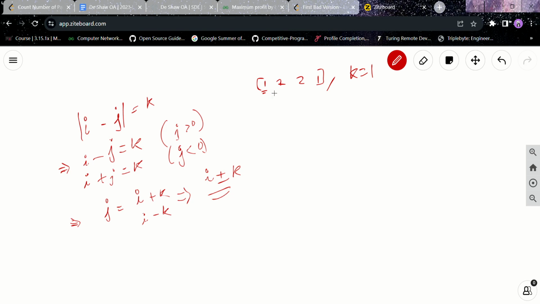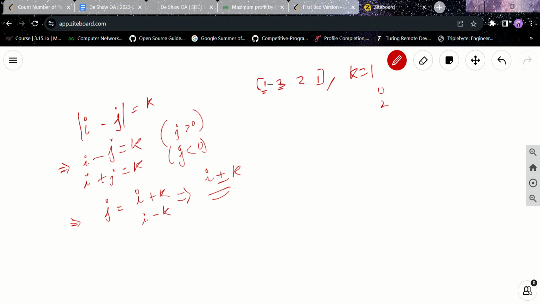Do we have any value that is equal to 0 here? No. One thing we forgot: 1 minus 1 equals 0, and 1 plus 1, because one time we are subtracting and one time adding, will give 2.